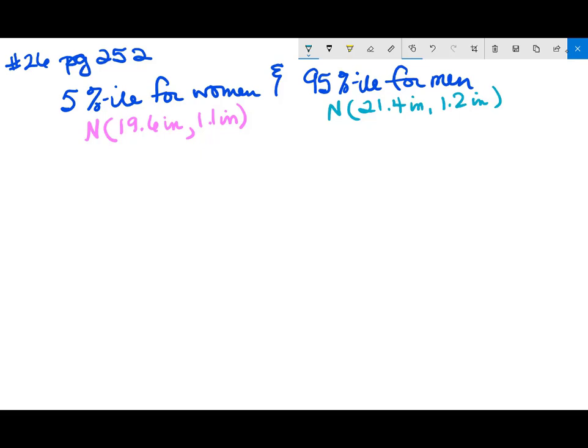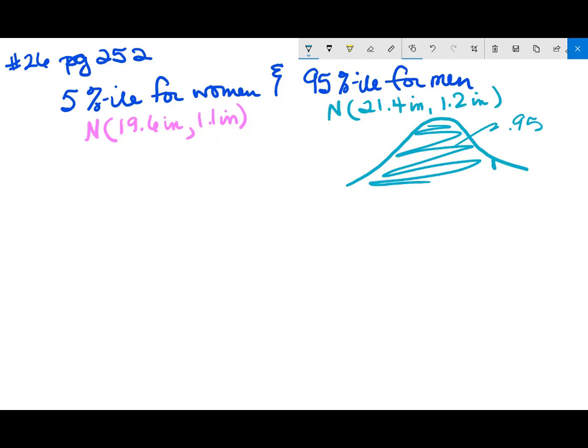So let's go back and do the men first. The 95th percentile is going to be somewhere up here, and we're looking for an area of 95% below whatever score that is. If you were using the table, you would look in the body for the number closest to 0.95, and then you go out to the edges to find your z-score.